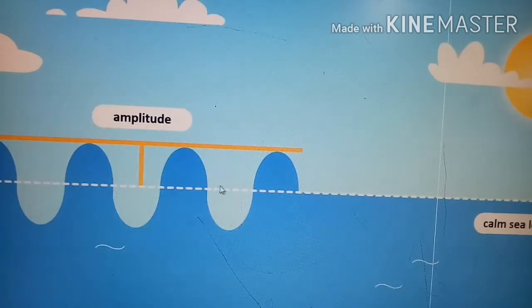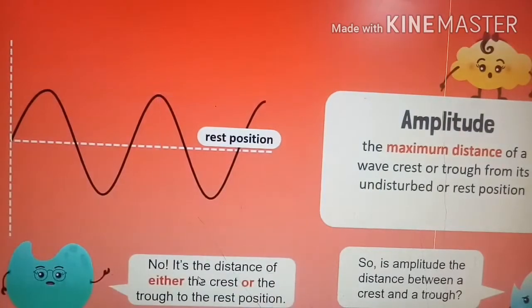This is the maximum distance in the upward direction, and you can also say that this is the depth of that wave, so we can also say that it is the trough. From the mean position, whatever the maximum distance in upward direction or in downward direction, that is called the amplitude of the wave. So look carefully.